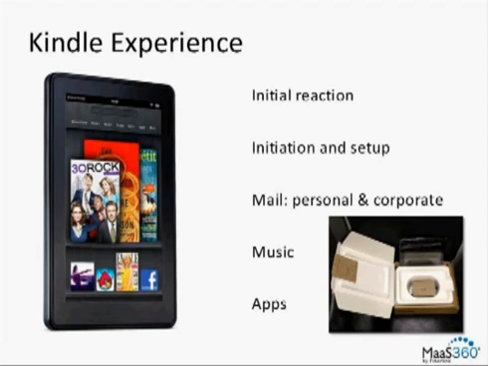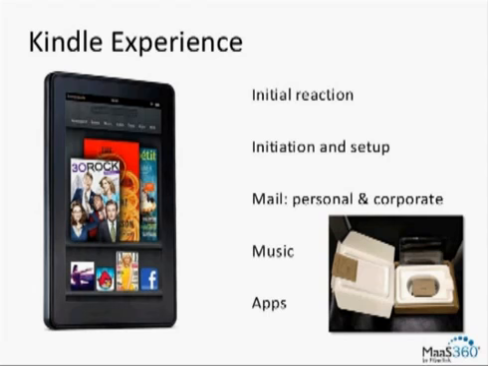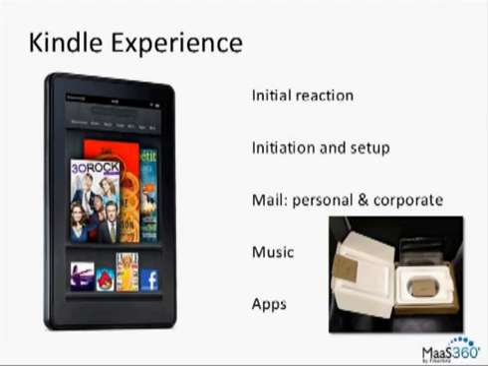Eventually a native mail client popped up where I could set up my personal email. You have the ability to set up Yahoo, Gmail, Hotmail, etc. And as I was going through, one of the first things I wanted to do was try and get it connected to Exchange ActiveSync. That's one of the things that we're looking to do here.